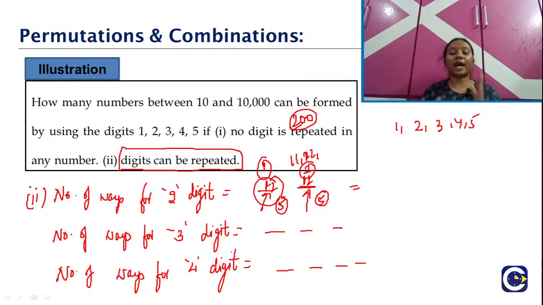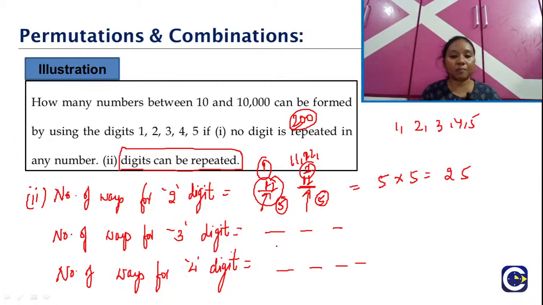So we have to check whether these two experiments have to be performed simultaneously or amongst these two experiments, only one will occur. Right, so to form a two-digit number, both tens place and ones place are required. Which means both experiment 1 and 2 will be performed simultaneously. So here we'll be applying our multiplication principle, which turns out to be 5 cross 5, that is 25.